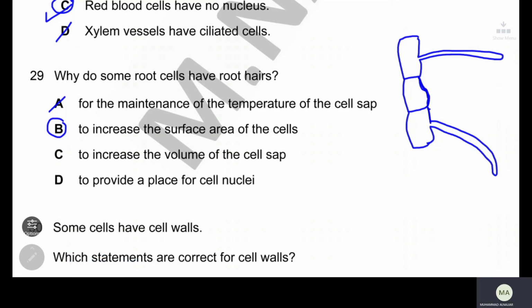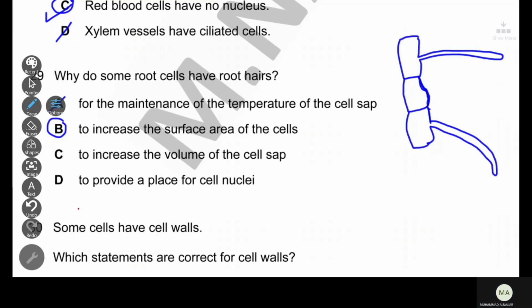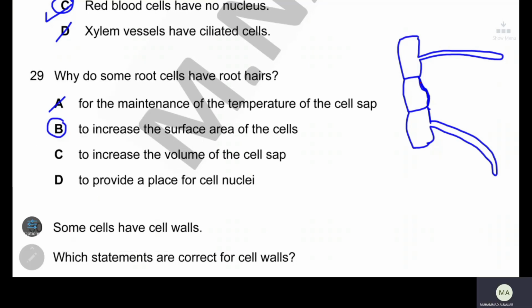I'll change the color in order to make it obvious. Yes, this is the normal cell, just an assumption that it has no root hair.